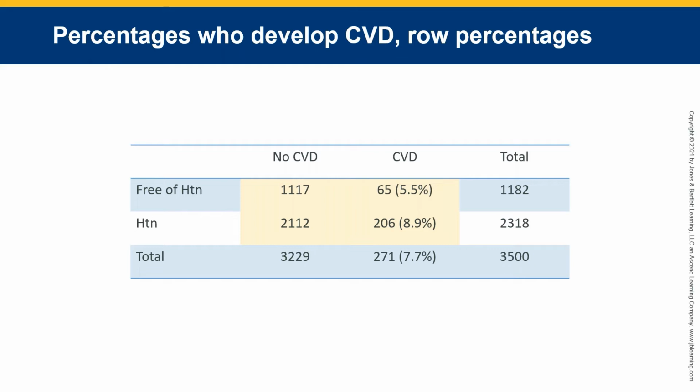And so the question now is there a statistical difference in the percentages of patients who develop CVD according to their baseline state of hypertension? So now we're talking about 5.5% versus 8.9%. And overall, in the whole sample taken together, the overall percentage is 7.7%.